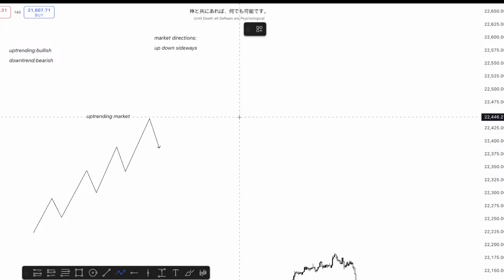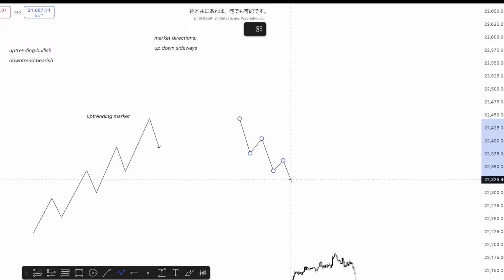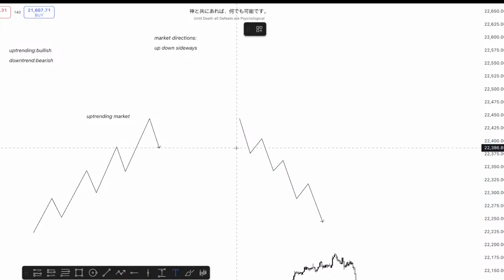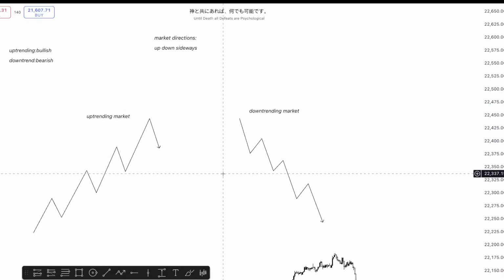And this is a downtrending market because the market is continuously going down. So here we have an uptrending and a downtrending market.